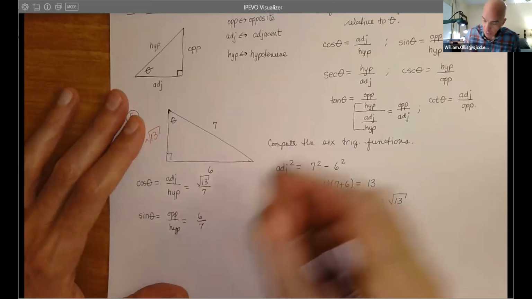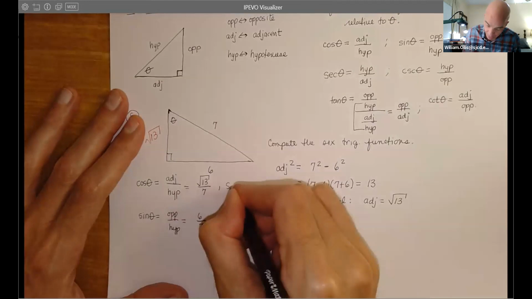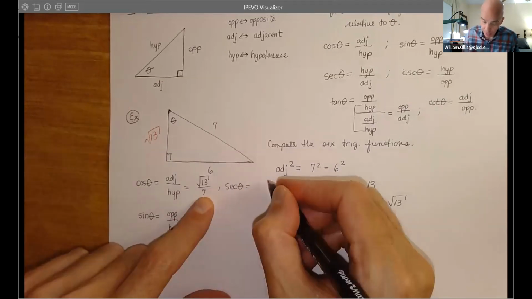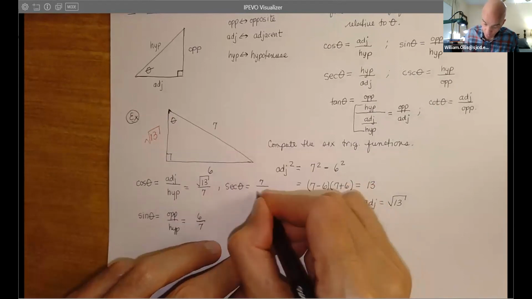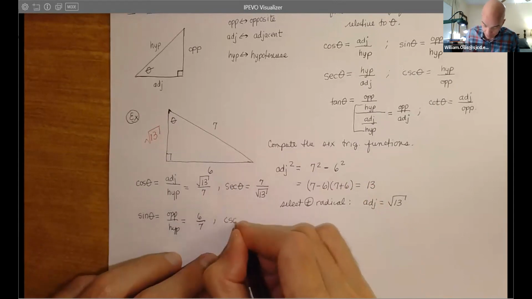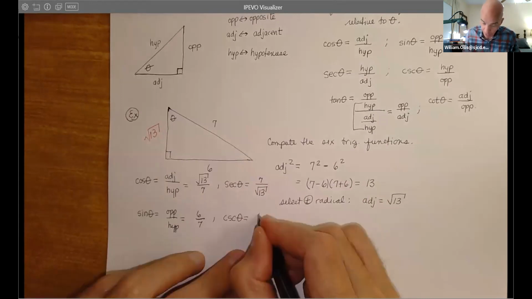Now, using the trend here, secant theta is just the reciprocal of the cosine. So that'll be 7 over square root 13. And then, of course, the cosecant will be the reciprocal of the sine. That'll be 7/6.